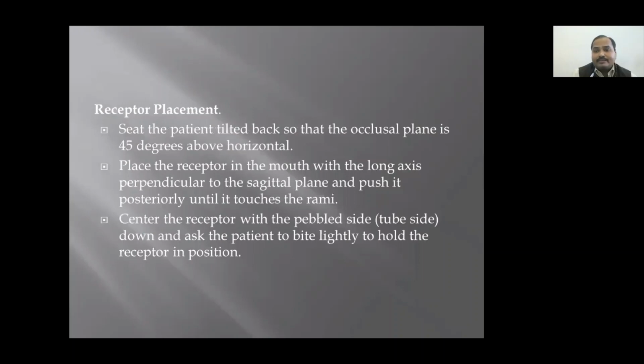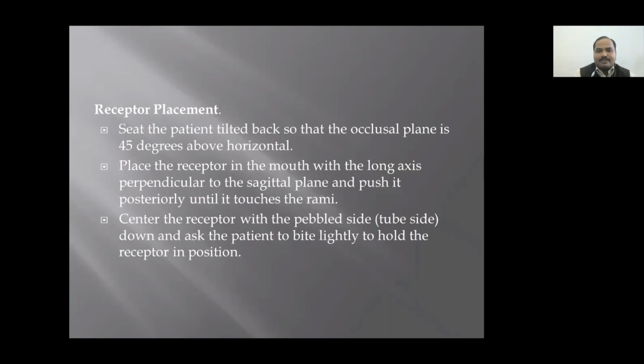Now, how to place the receptor in this case? The patient will be seated 45 degrees above the horizontal. That means the patient will be tilted back so that the occlusal plane is at 45 degrees above the horizontal, meaning to the floor it is making an angle of 45 degrees. So whenever we are placing the receptor, it will also make an angle of 45 degrees to the floor.